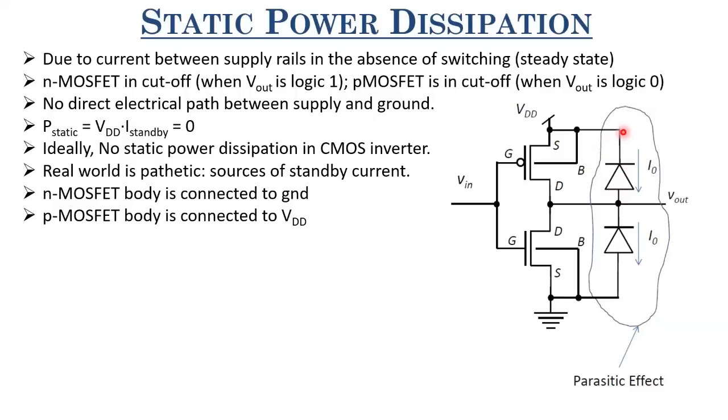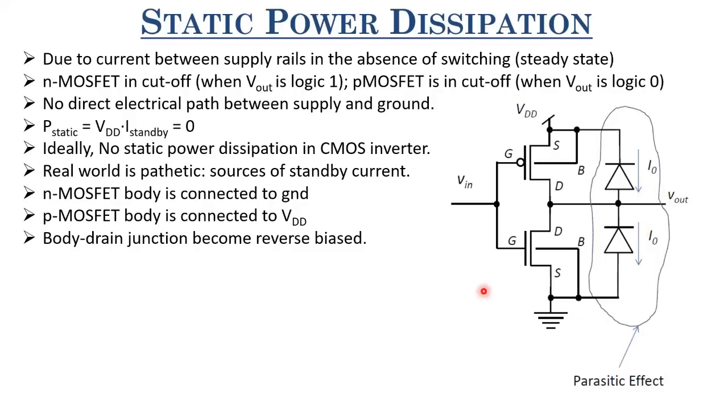So reverse saturation current will flow from VDD to the ground when Vout is grounded, or at logic 0. Similarly, when Vout is at VDD or logic level 1, this is unbiased, but this is highly reverse biased. So reverse saturation current will flow from VDD to this ground when Vout is VDD.